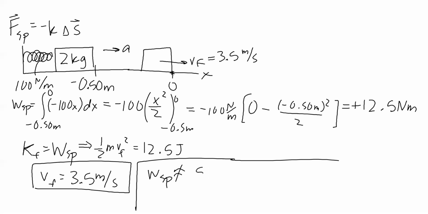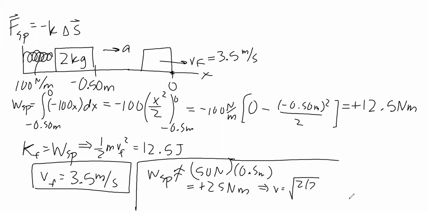The force of 50 newtons, that constant force over the 0.5 meters, which would have given us erroneously a positive 25 Newton meters. And then from that, our speed, as you remember, which is square root 2 times 25 over 2, gave us the 5 meters per second.